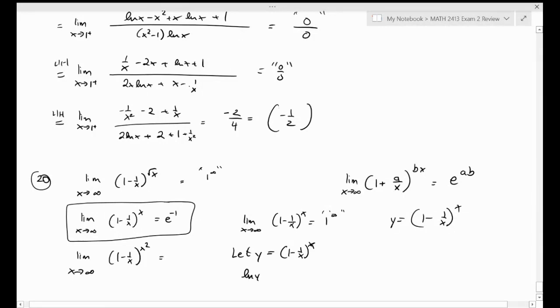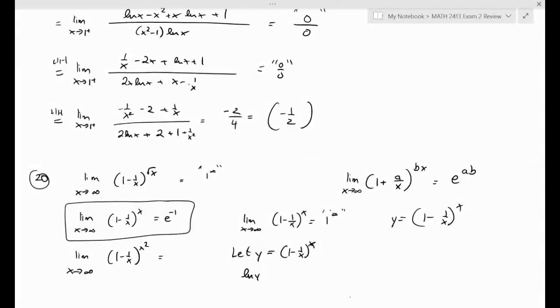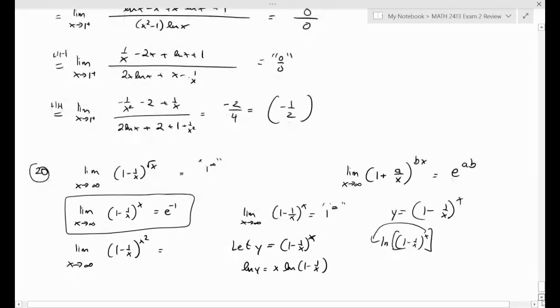Then we take log of both sides, right? Because the base and the exponent here are functions of x, we want to decouple them. So using properties of logs, log of this to the power x, the property of logs allows you to bring that x in front.